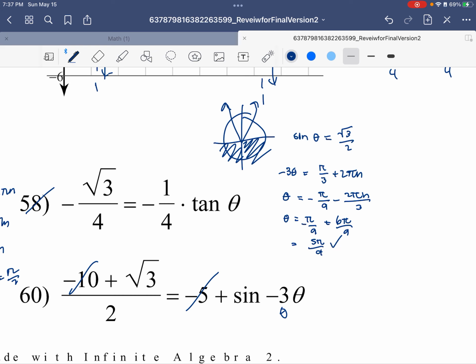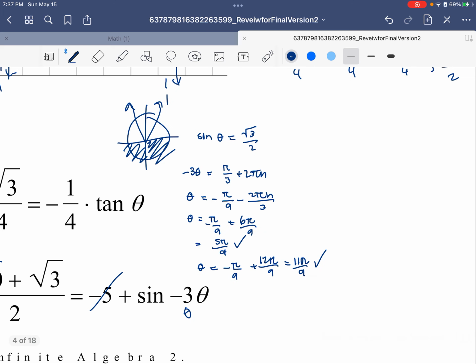And that is a solution. Let's try 2 now. 2 times 2 is 4, 4 over 3, 3 times 3 is 9, and then 4 times 3 is 12. So that's how I'm getting these numbers. And that is a solution also.